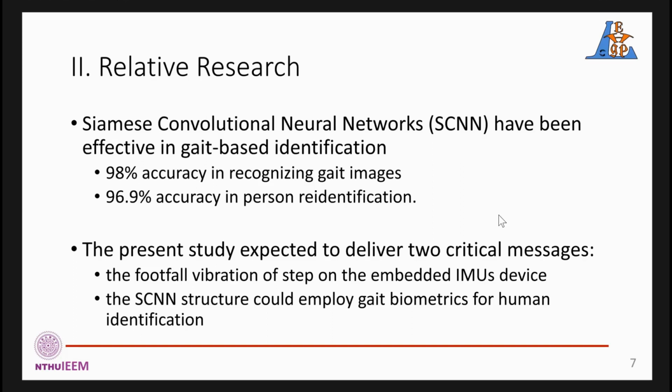Combining all this information, the present study delivers two critical messages. First, we use an IMU as the sensor, embedded in the walking surface to collect footstep vibrations. Second, we use the SCNN structure to implement gait biometrics for human identification.